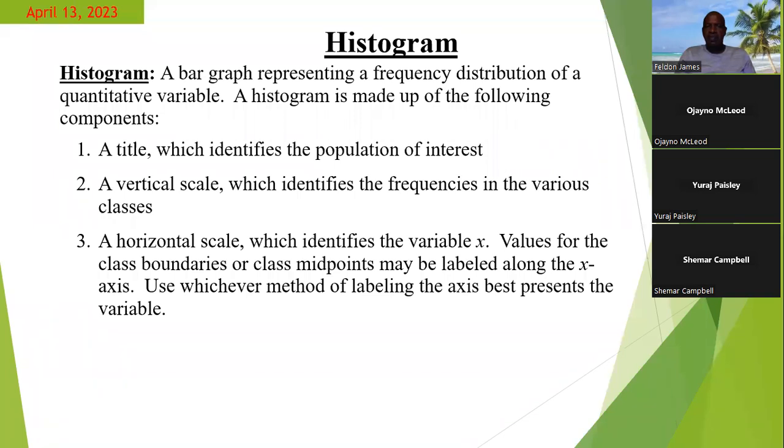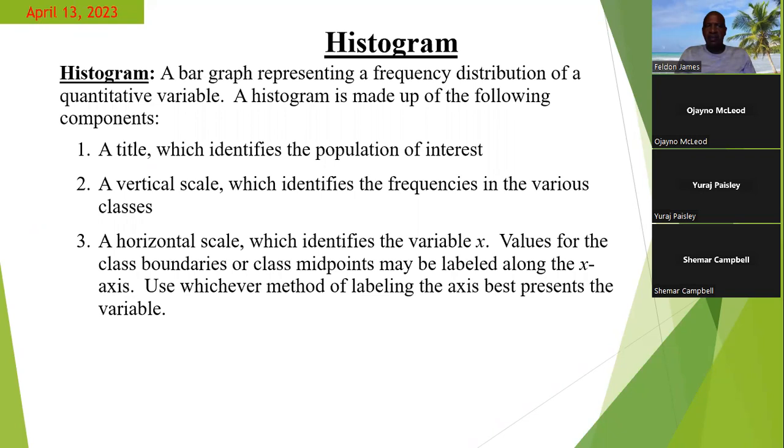We use whichever method of labeling the axis best presents the variables. So the frequency for a histogram is always measured on the vertical axis.